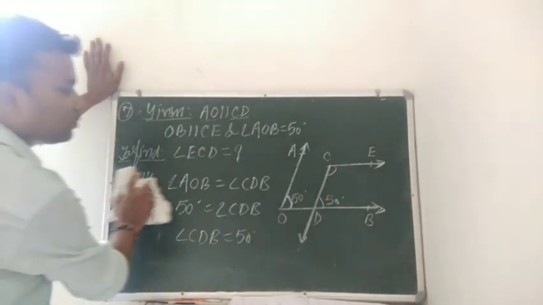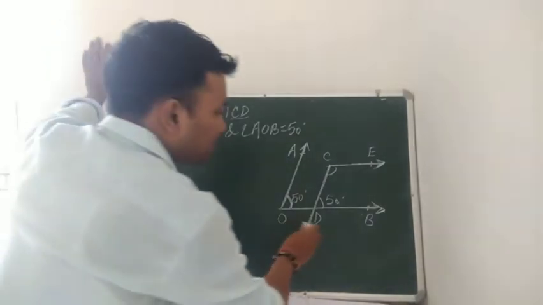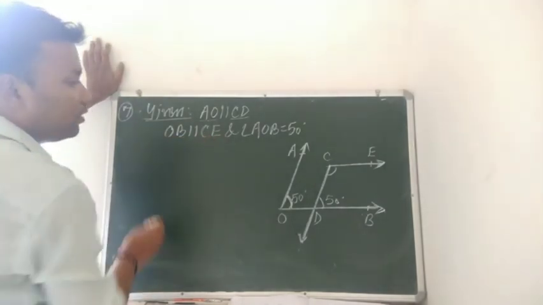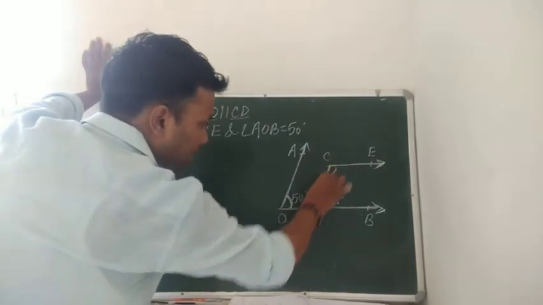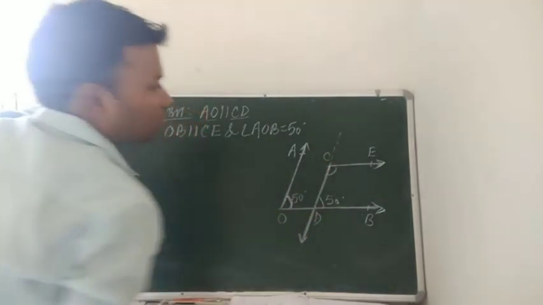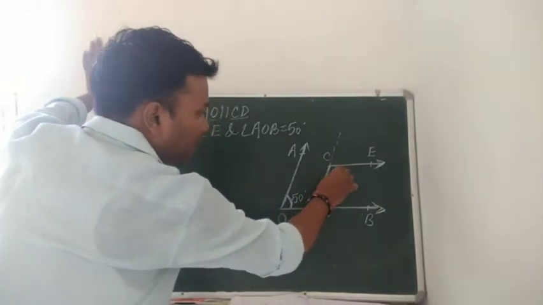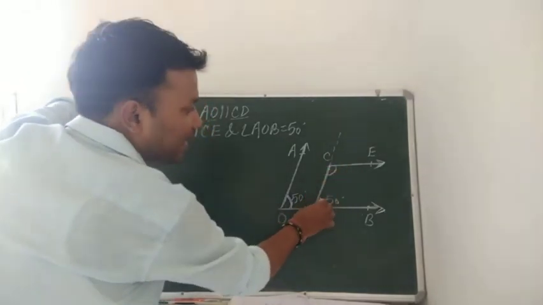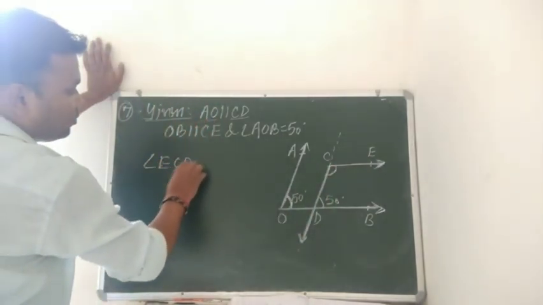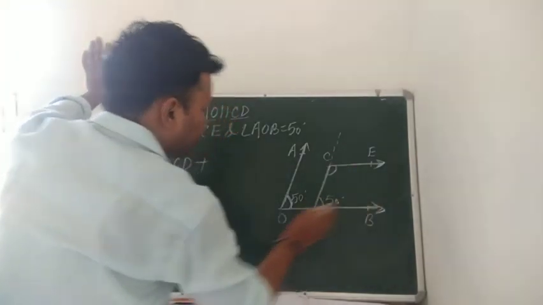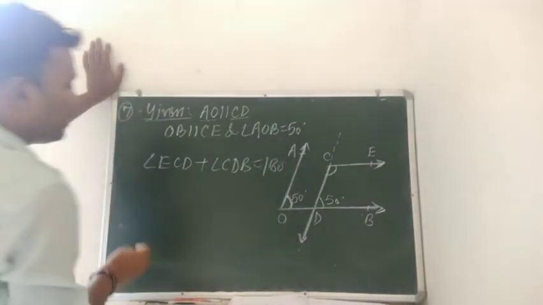Now again students, we have another pair of parallel rays, and that is OB parallel to CE. We can consider this ray CD as a transversal for these two parallel rays. And in this case, we have a pair of consecutive interior angles, that is angle ECD plus angle CDB will be equal to 180 degrees.